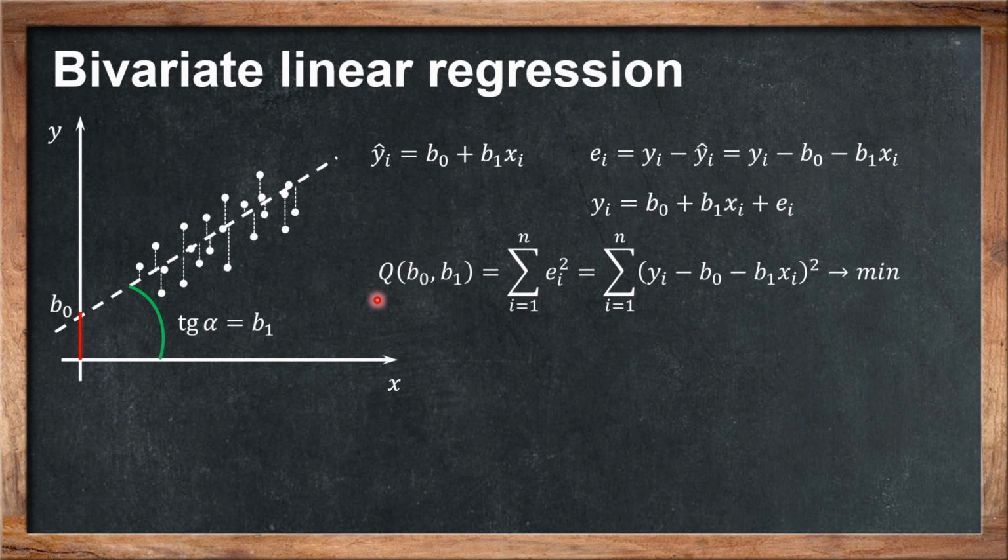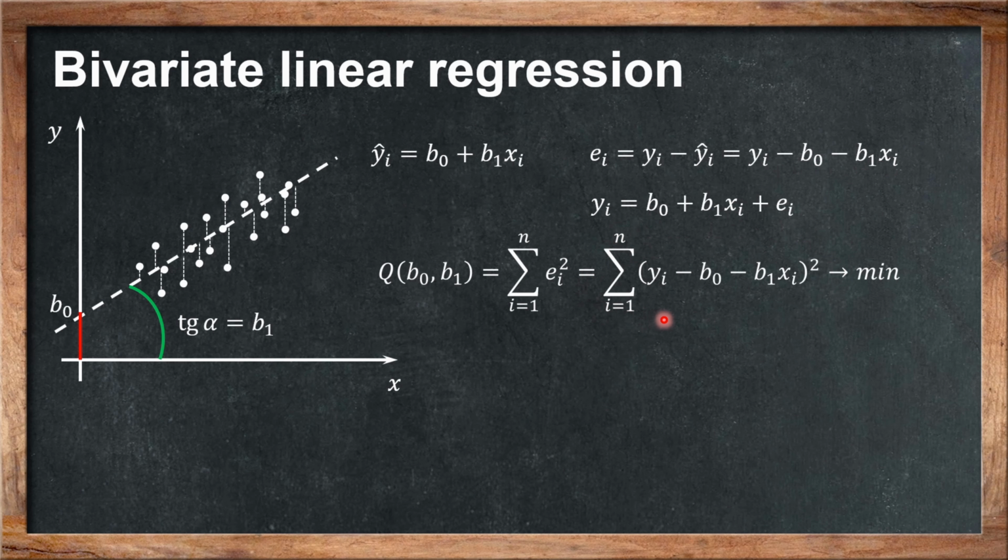So Q of two arguments, b0 and b1, will be equal to the sum of squared residuals, in order to get rid of the negative values of the errors which are lying below the regression line. So we are trying to minimize the sum of squared residuals. And if we replace e sub i in this equation with this expression, we would get just this form.